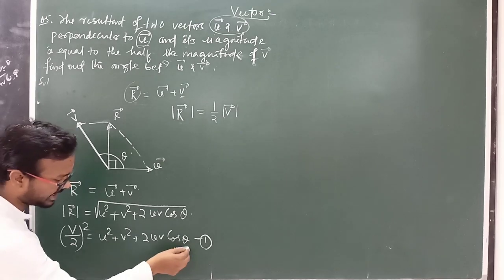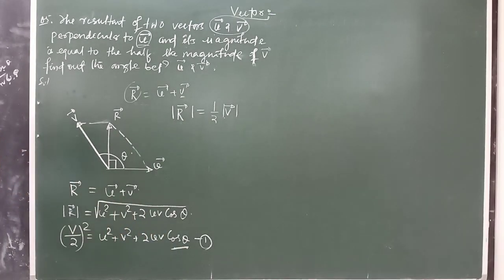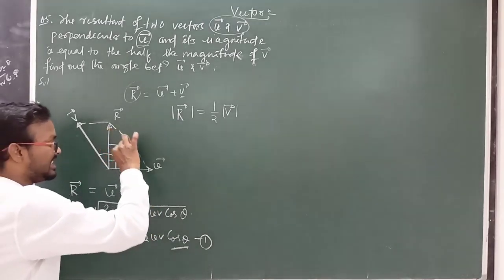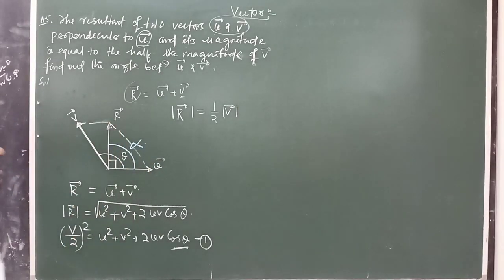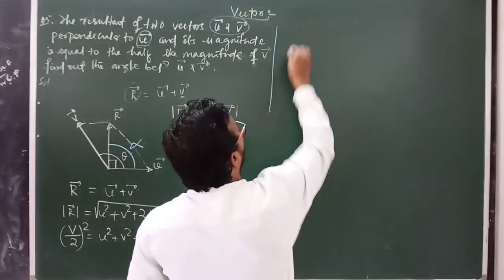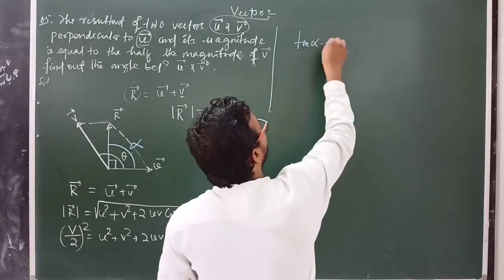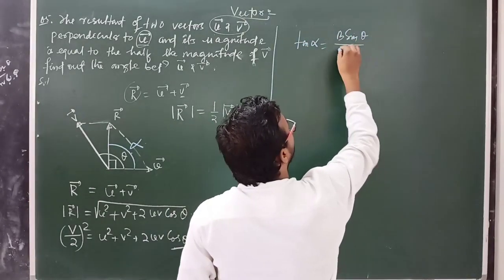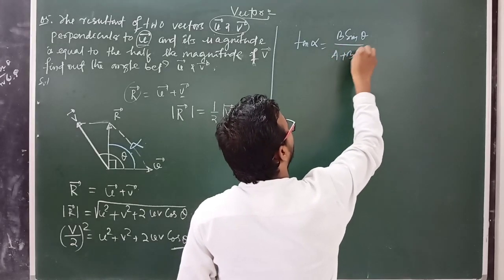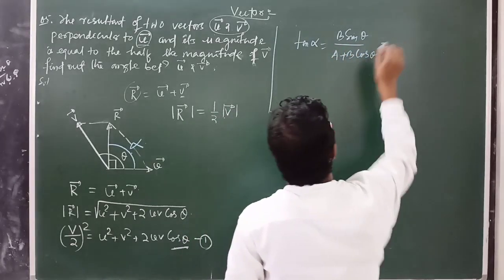Now first we have to find the value of cos theta here, and this is the resultant vector. We already know this is the direction of the resultant vector. Suppose this angle is alpha, so we already know that tan alpha equals b sin theta divided by a plus b cos theta.